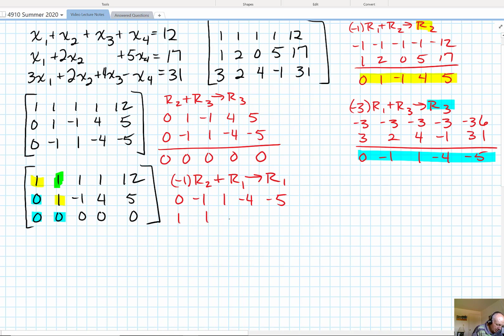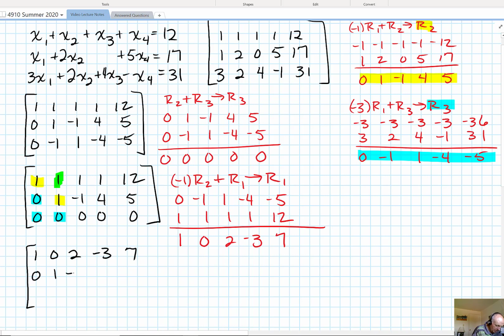Row 1, we add them, we get this. Okay, and so that gives us new row 1, new row 2, or same row 2 I guess, and row 3 is all zeros. And there it is. That is our matrix in row-reduced echelon form.